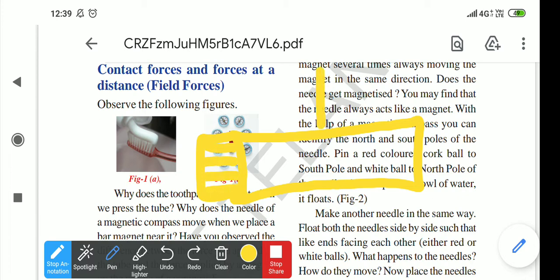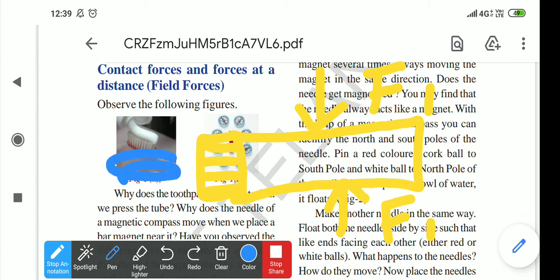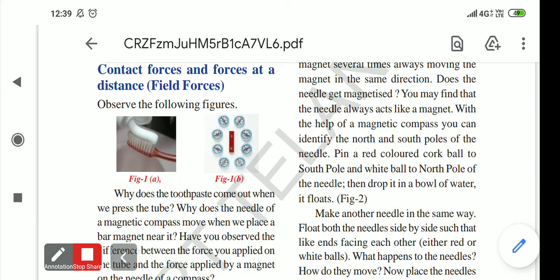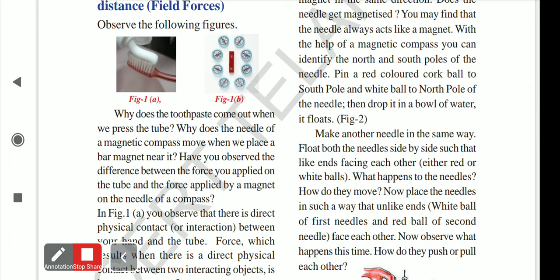So when we press with some force, F1 and F2, with our fingers or with our palm, then the paste will come out. So they are asking, why does the toothpaste come out when we press the tube? The reason is contact force. We make a contact with the toothpaste tube.